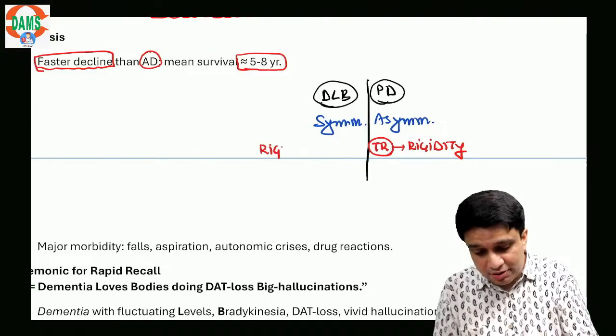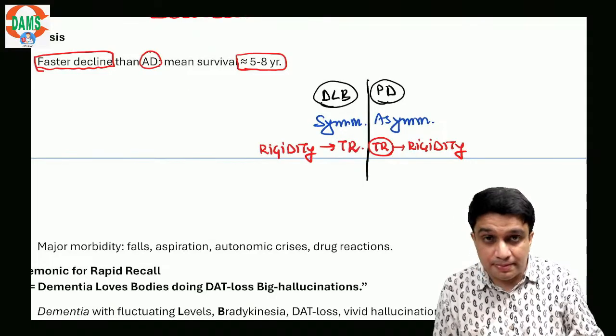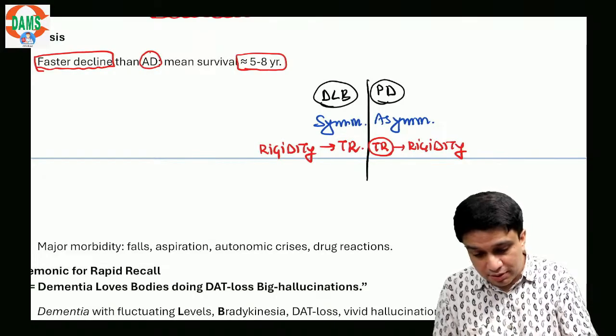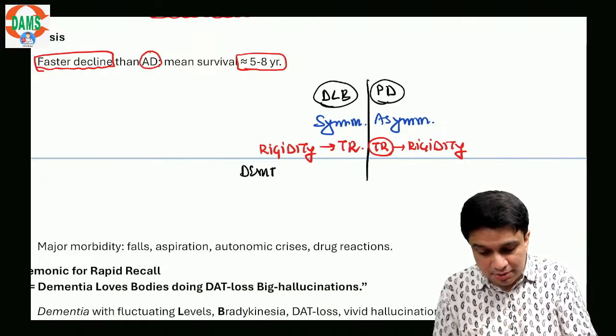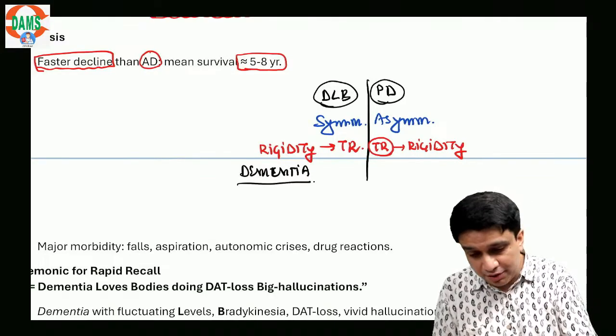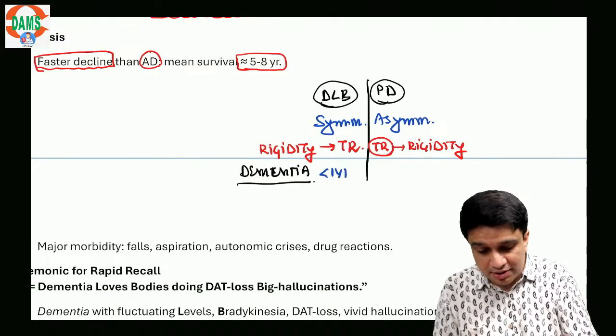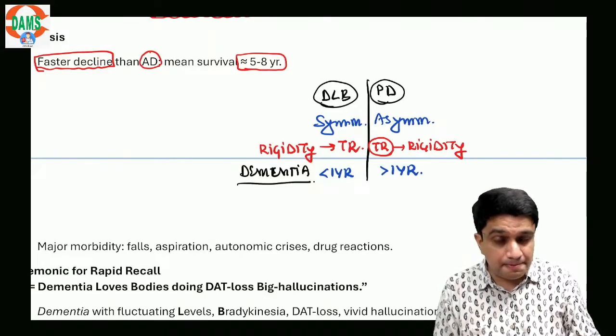While in DLB, the story is different: you have rigidity and then the tremors. And most important, memory loss, dementia. In DLB, after the onset, it should be less than 1 year. If it is more than 1 year, it is a case of Parkinson disease.